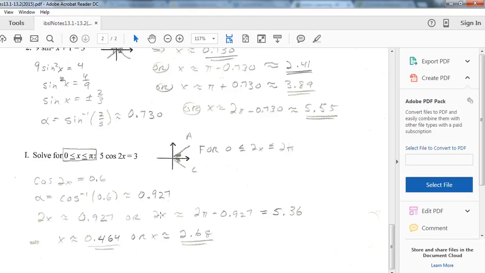Once you're done solving for x, then you would only keep the solutions that are within the given domain, and in this case it was from 0 to pi, or about 3.14. And so that's why we kept those two solutions. So really important. I hope you're hearing me stress the importance of, in a test scenario, finding all possible solutions within the given domain. That's really important for solving trig equations.